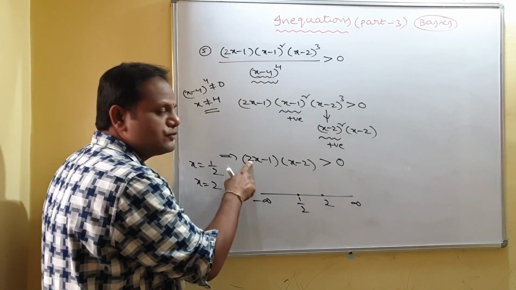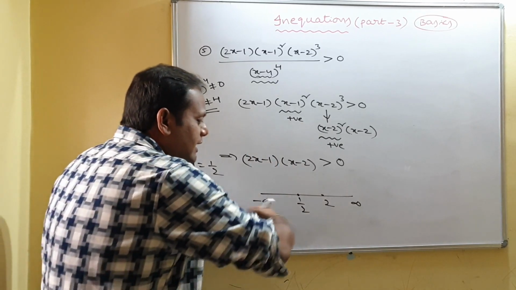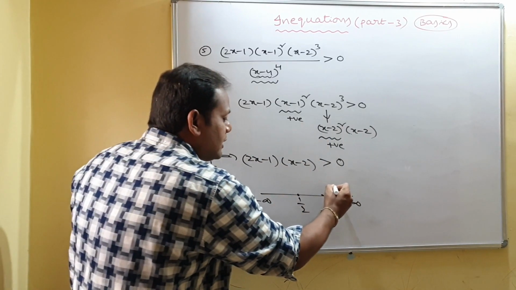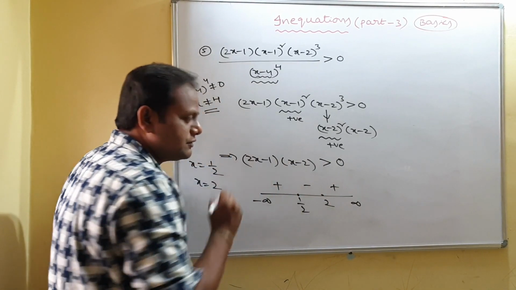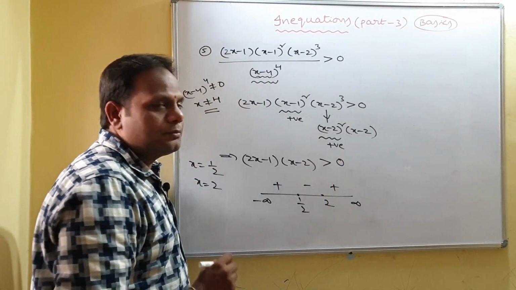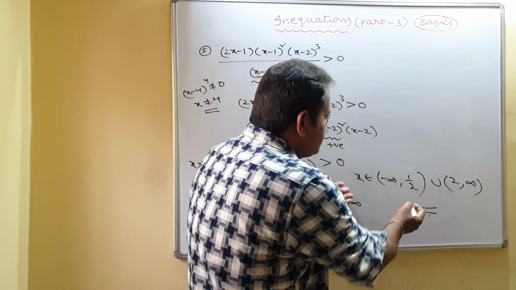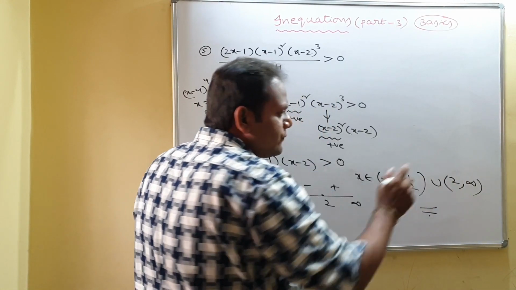See, x coefficient in 2x minus 1 is positive, x coefficient in x minus 2 is positive. Yes, in the rightmost interval you take positive sign. Change the sign alternately, negative, positive. What do we want? We want positive. So x belongs to minus infinity to 1 by 2 union 2 to infinity.